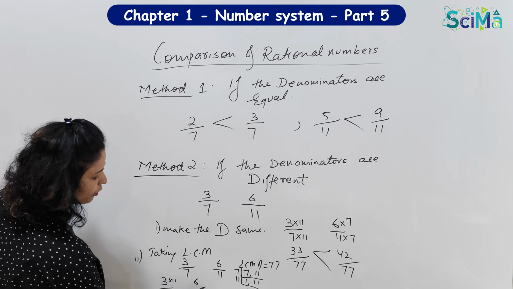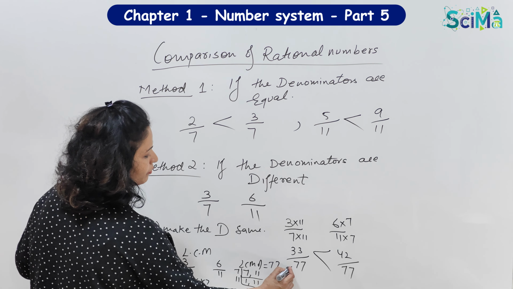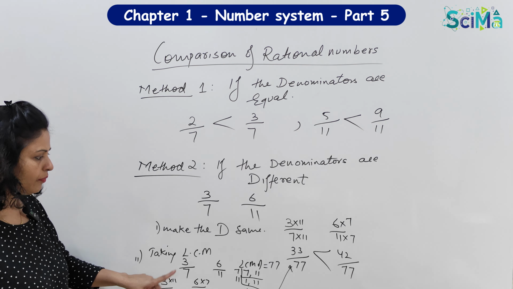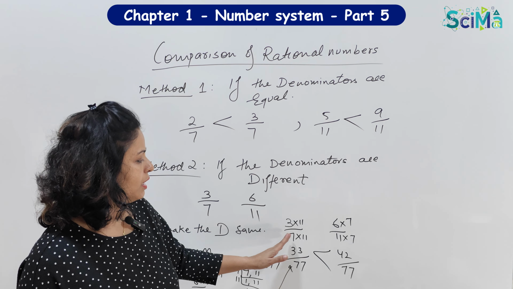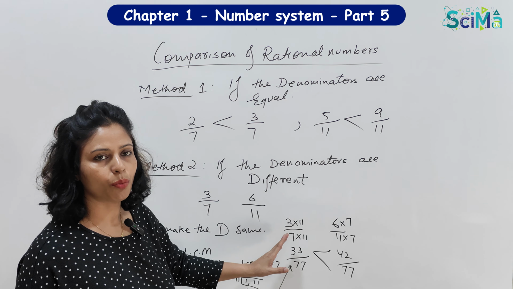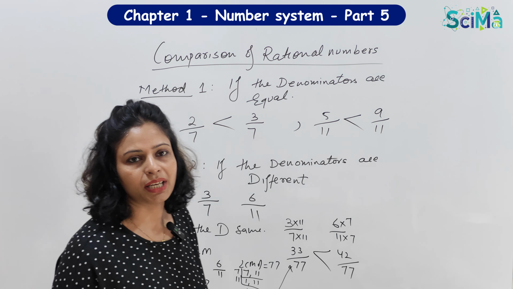After that it follows the same method. So you can apply the LCM method, or you can go for the equivalent form. You can get the denominator the same by writing the equivalent form of the rational number. So these are the two methods you follow to compare rational numbers.